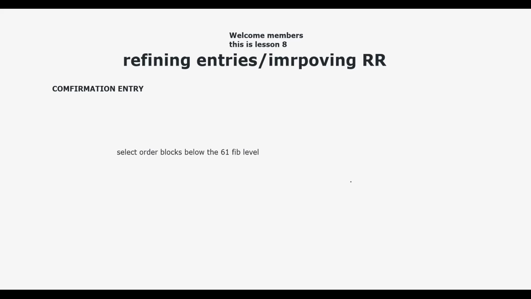So you should always look at what's happening. So on the 4 hour, for you to look for that perfect order block, just consider the last order block.